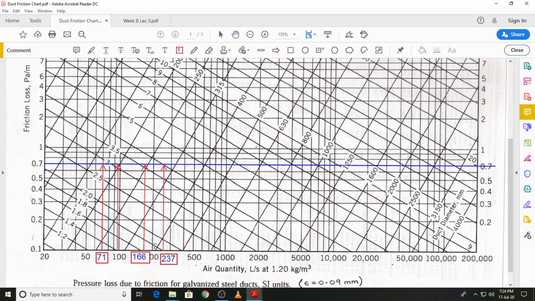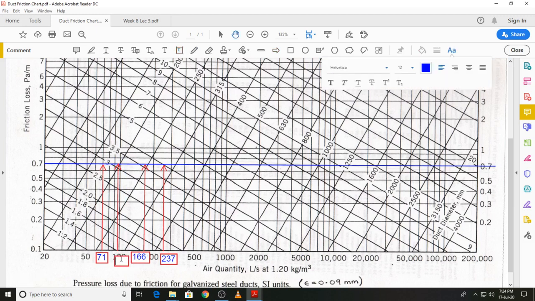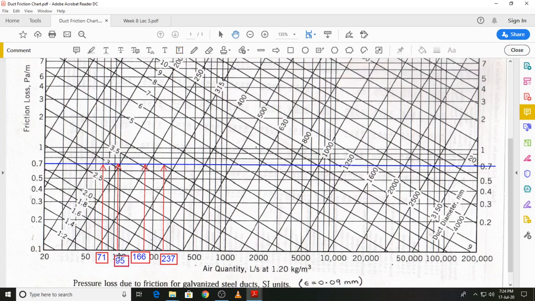Because it's a logarithmic scale, the values tend to bunch up at the farther end, so they are not linearly distributed. And now you can see that the velocity over here is above 3 meters per second.